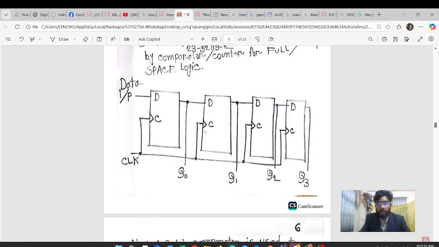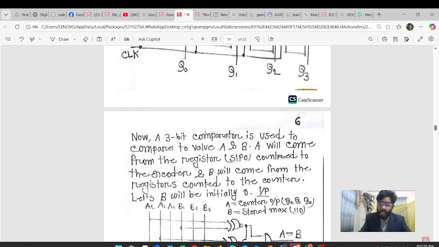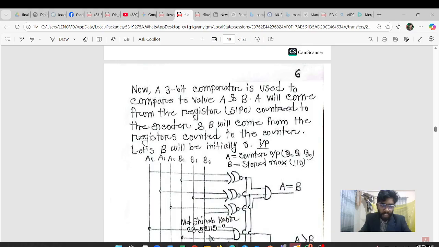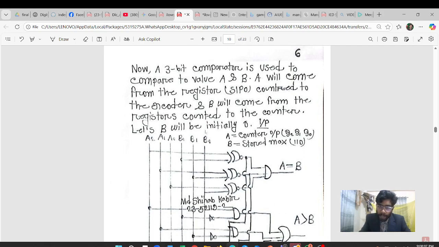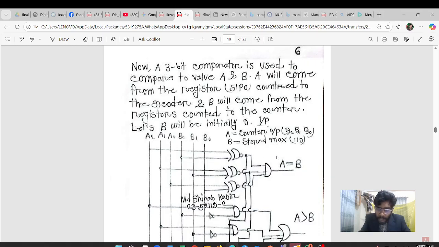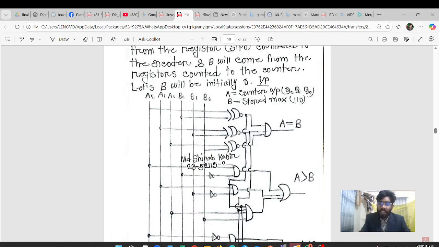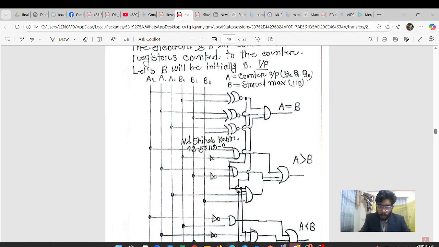And clearly we see that now I need a comparator. The comparator checks the status of the garage by comparing input A and input B. Here input A is the current value from the counter and input B is the value from the register. Now the theory logic.